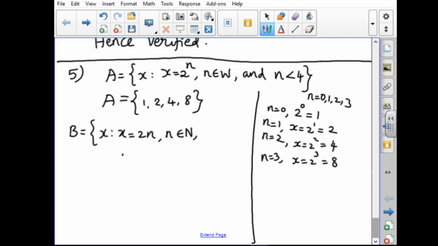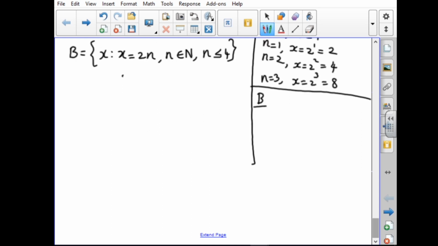Started from 1, with n less than or equal to 4. So this is for A, and this is for B. Natural numbers start from 1, so 1, 2, 3, 4. These are the possible values of n.